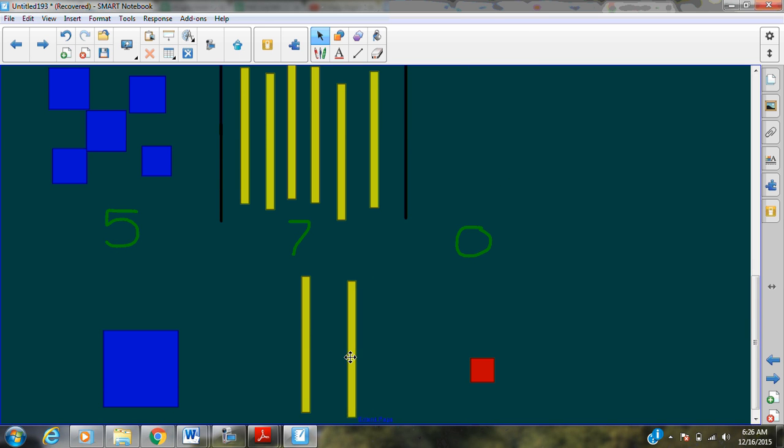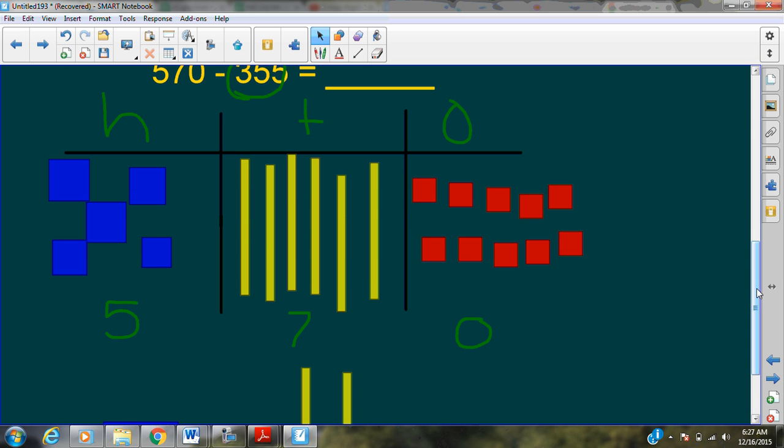Here's one rod. I'm going to put that back, and I'm going to count out 10 ones. 1, 2, 3, 4, 5, 6, 7, 8, 9, 10. I want to point out that I did not change the value. I still have 570.